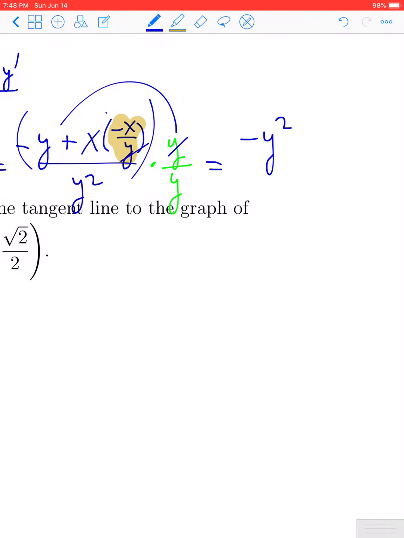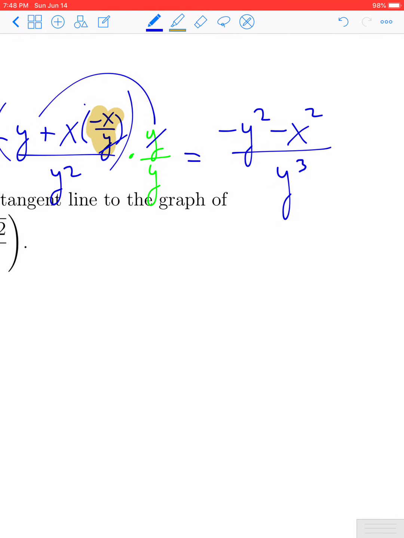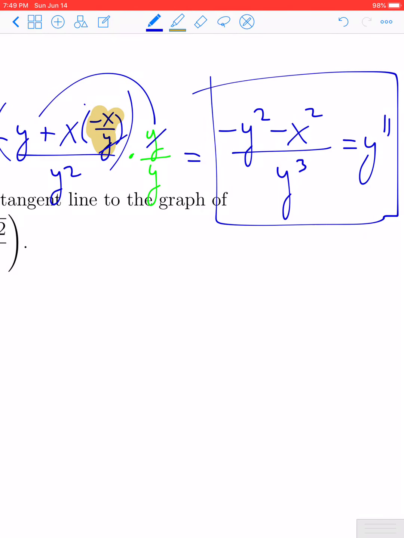Here, these would cancel, and I'd have negative x squared up top, and then all divided by y squared times y, which gives us y cubed. So there you have it. The second derivative is going to be negative y squared minus x squared, divided by y cubed.